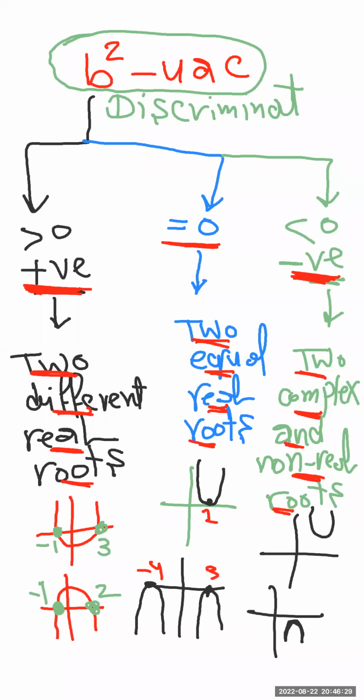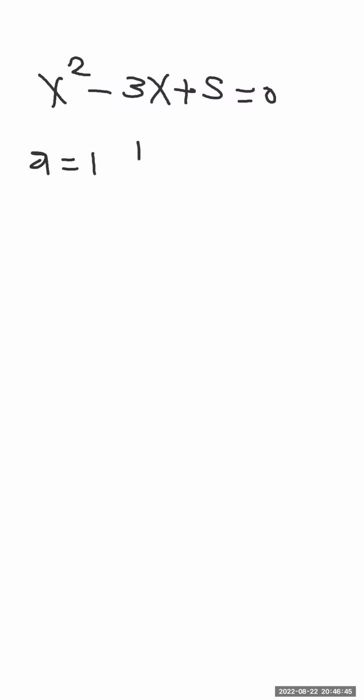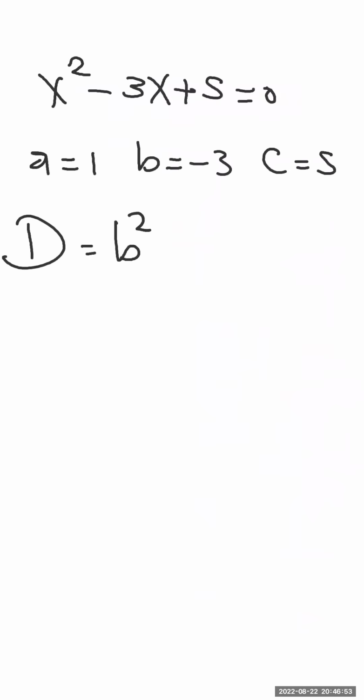The first example: determine the type of the two roots of the following equation: x squared minus 3x plus 5 equals 0. So simply a equal 1, b equal -3, c equal 5. Discriminant will equal b squared minus 4ac.